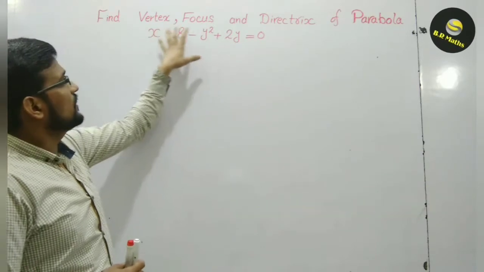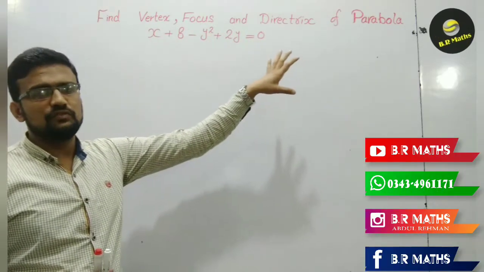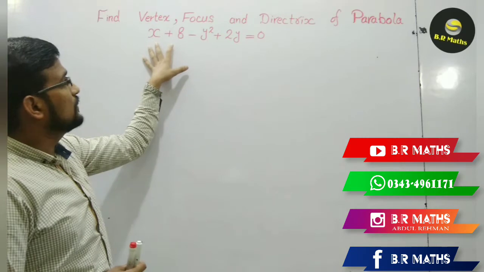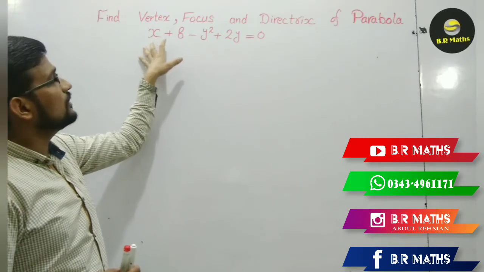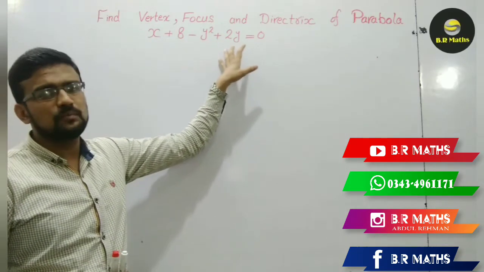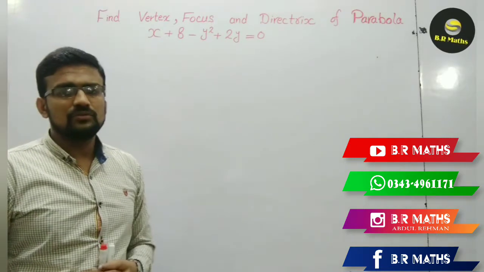Find the vertex, focus and directrix of a parabola with the equation x + 8 - y² + 2y = 0.